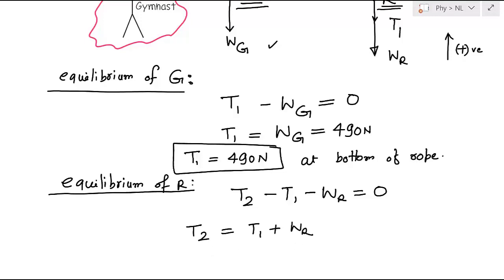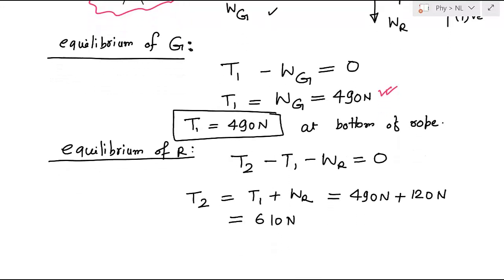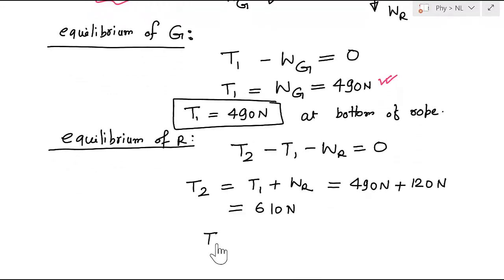And we have already calculated that T1 is nothing but 490 Newton. So we can plug in here 490 Newton, and the weight of the rope is given, that is 120 Newton. If I sum all this, it will come to 610 Newton.